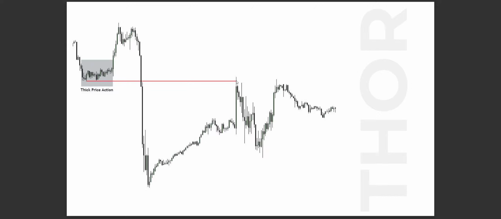Once it gets there, that creates a high resistance liquidity run up there if it wants to run the old highs. So let's say the drawn liquidity is the old high here. Because of this thick price action prior, it'll come in a form of a high resistance liquidity run.